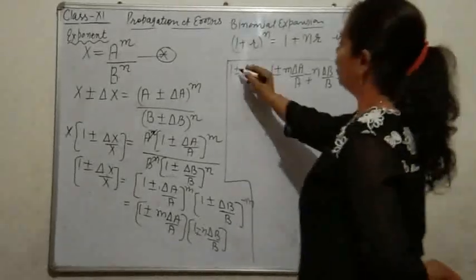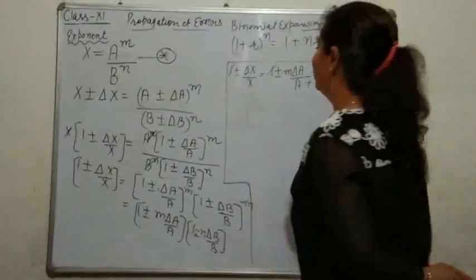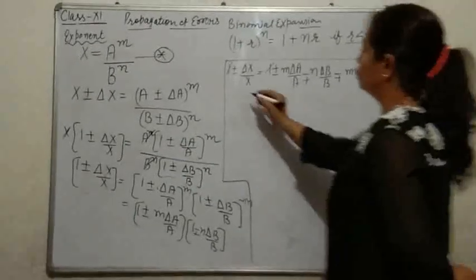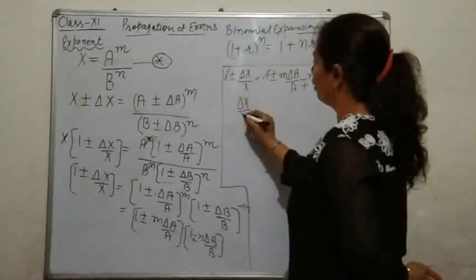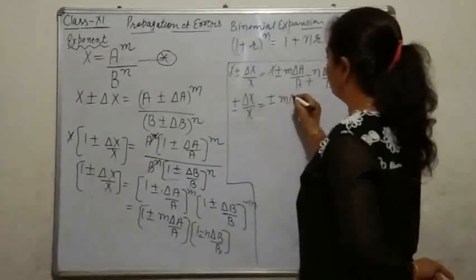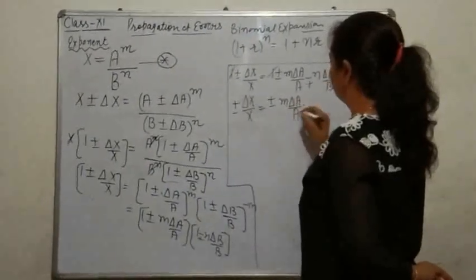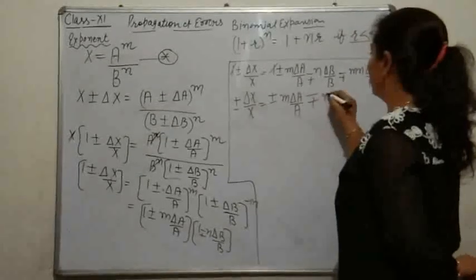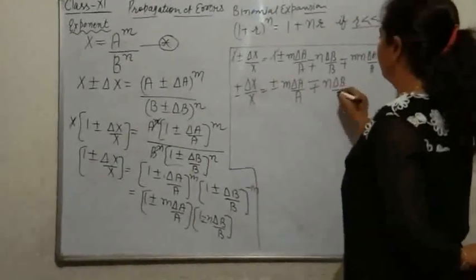Now 1 on the left hand side will cancel with 1 on the right hand side. So delta x upon x with plus minus sign will be equal to plus minus m into delta a by a minus plus n into delta b by b.